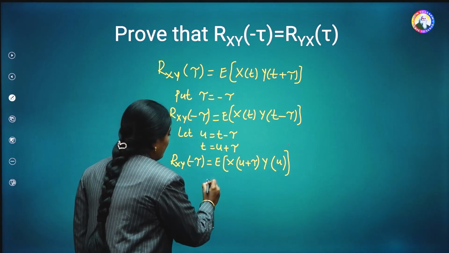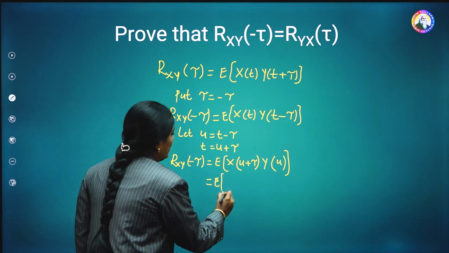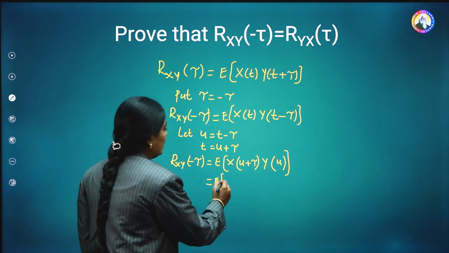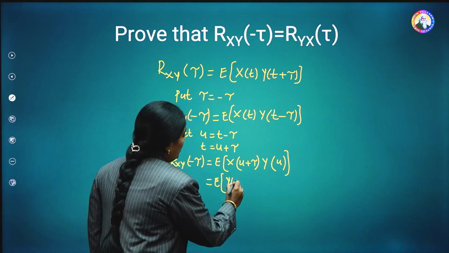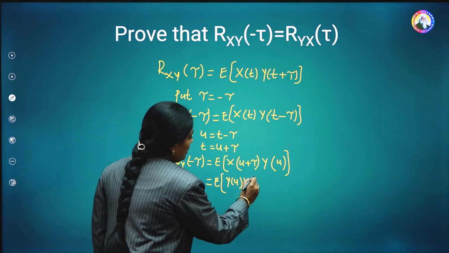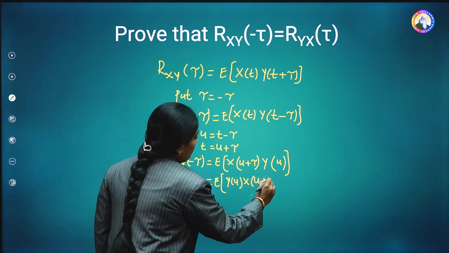Now, in the next step, rearranging x and y terms, this is E of y of u into x of u plus tau.